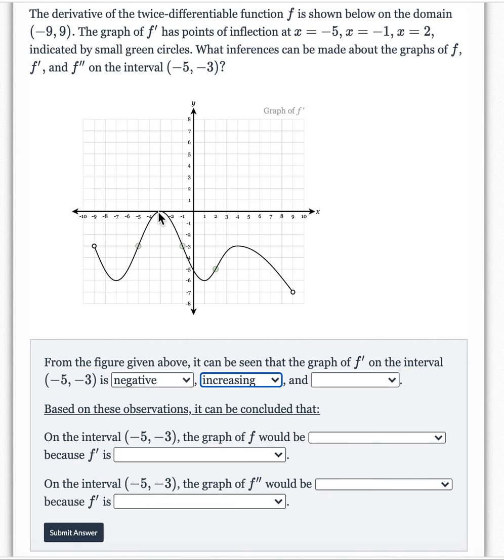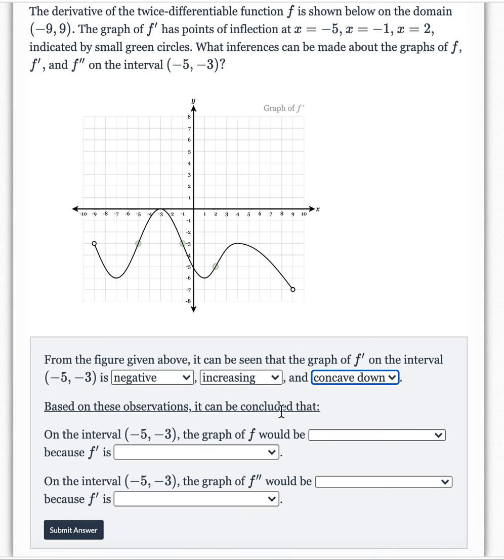It's going uphill. Right? Because it's increasing, we can say that it is concave down. Okay? Notice the curvature of this is concave down.